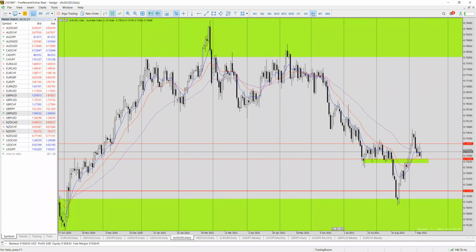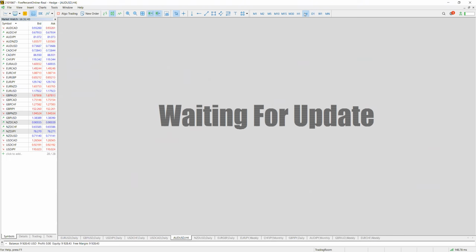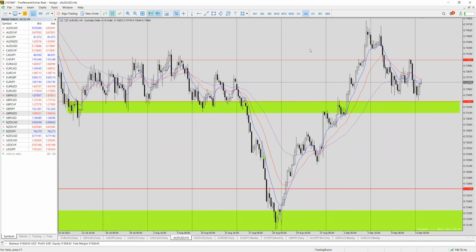Even if you're trading short-term trades, it's always worth looking at the higher time frames to be aware of the overall strength and the potential direction of the market. Aussie dollar eventually broke above this zone, even tested it, and continued higher.